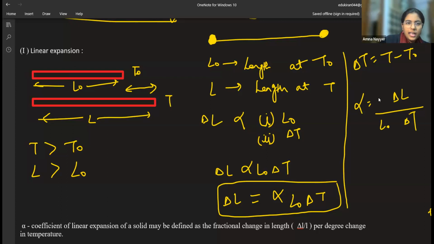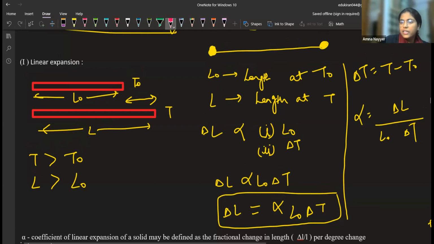Before coming to the definition, delta L divided by L naught, always remember, this is the fractional change in length. Whenever I ask you fractional change in something, or I ask you percentage, the only method that you will follow is change divided by original. That gives you the fractional quantity. Change divided by original into 100 gives you the percentage value.